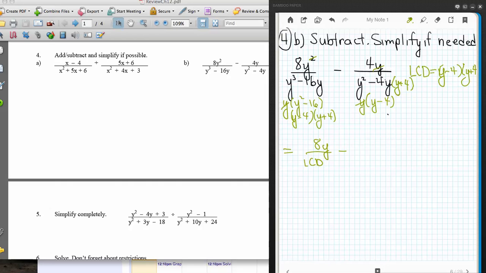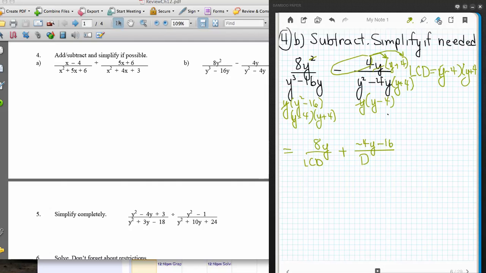And this one, y minus 4, I already have, so I need y plus 4. And remember we need to multiply this out, so I can take this negative 4 and distribute it through here so that I can have addition. So I'll have a negative 4y minus 16, and that's all over my LCD.